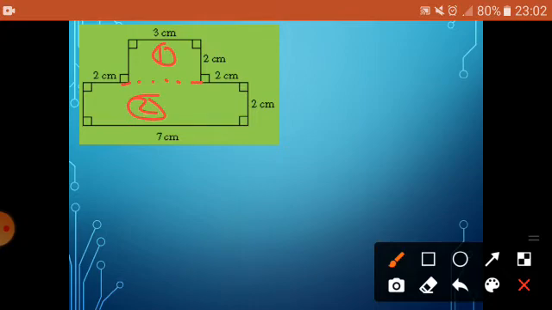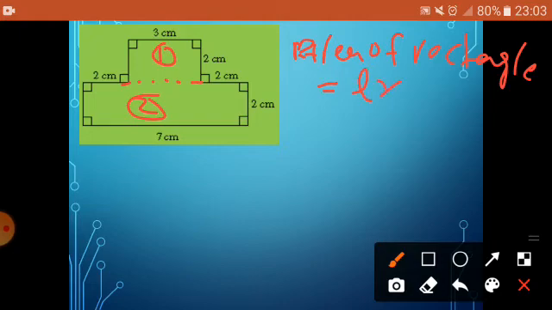So let's start calculation. First I am writing the formula for area of rectangle. At once I'll write it, and then you can just calculate it. What is the area of rectangle? That is equal to length times breadth. So now I'm going to calculate the area of shape 1, or you can say area of rectangle 1.